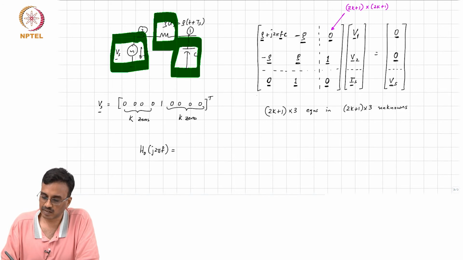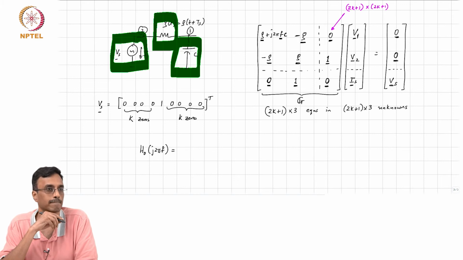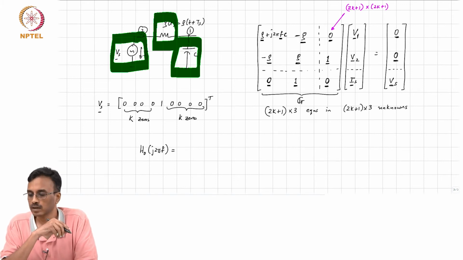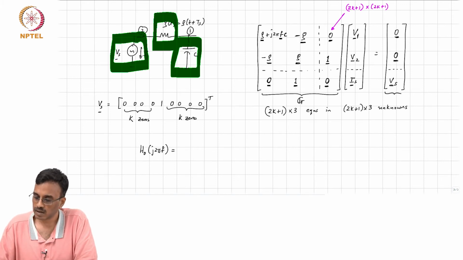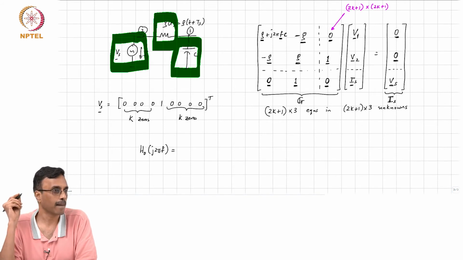Let us call this matrix, as usual, capital G, correct, and this is IS, okay.